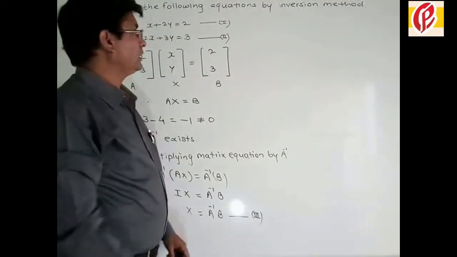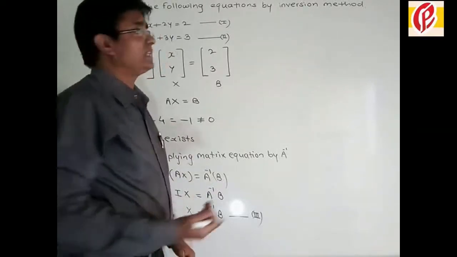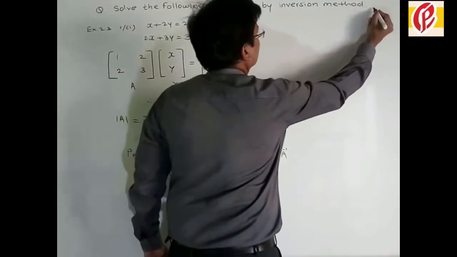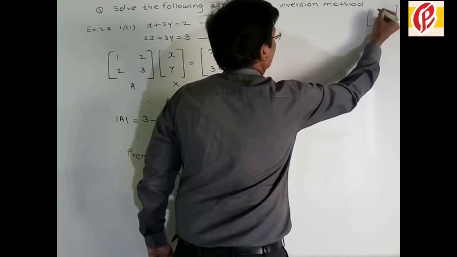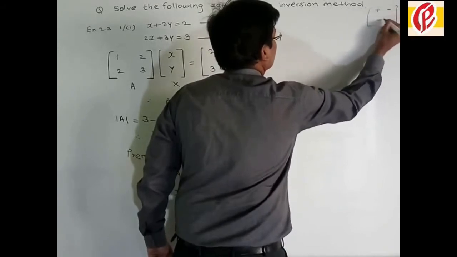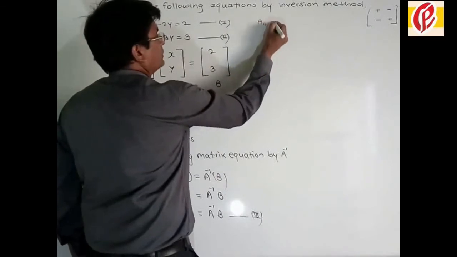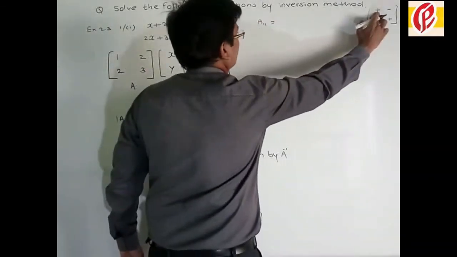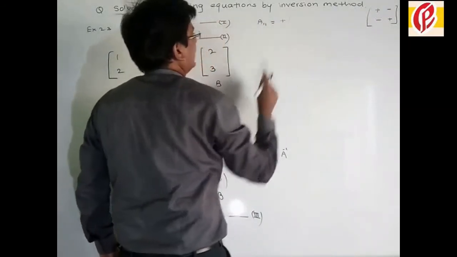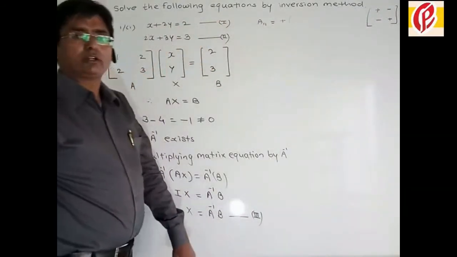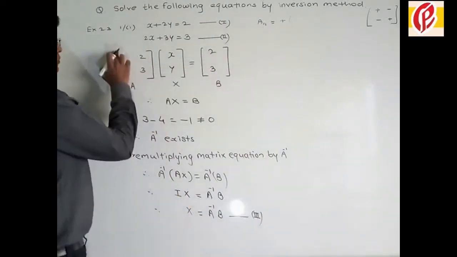Now we'll find adjoint matrix. In adjoint matrix we have to write the signs. So keep in mind, signs are like this in a 2 by 2 matrix: plus, minus, minus, plus. So first we will find A11. A11 sign is plus, and minor of A11 means remove first row, first column.